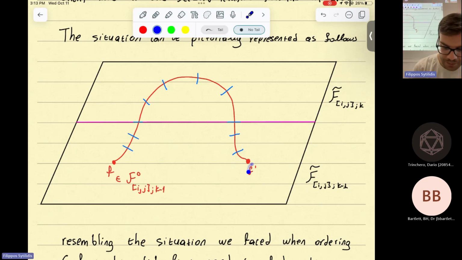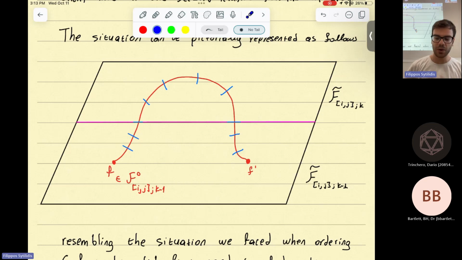So both f and f prime are ordered excellent Morse functions whose critical points have indices in the interval i comma j, and there are at most k minus 1 critical points of index i. That's what f and f prime are.